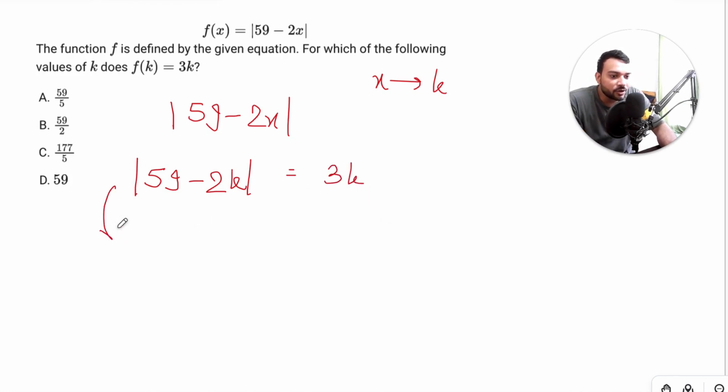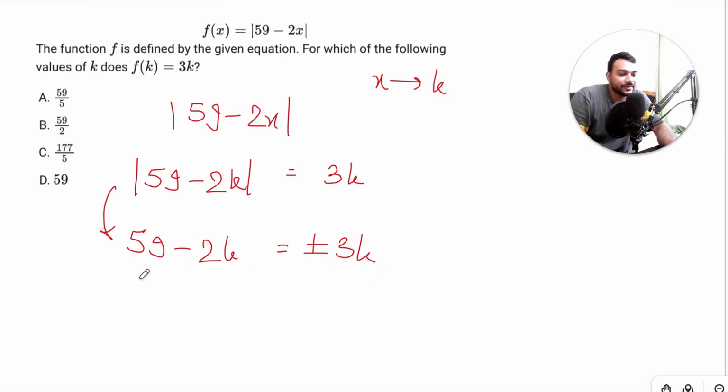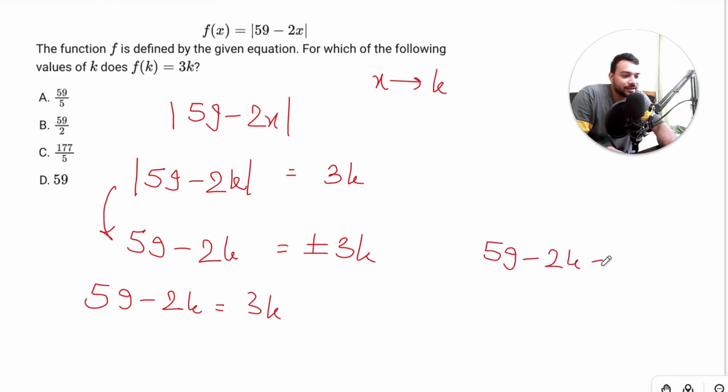Once we open the modulus, what are the rules for opening the absolute value function? It will be like 59 minus 2k is equal to plus or minus 3k. So one equation becomes 59 minus 2k is equal to 3k. The other becomes 59 minus 2k is equal to negative 3k.